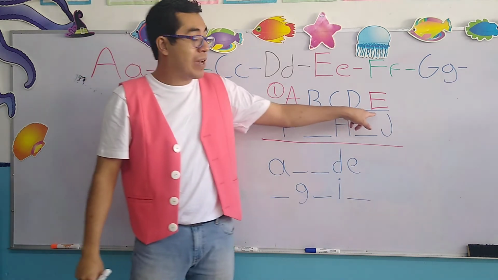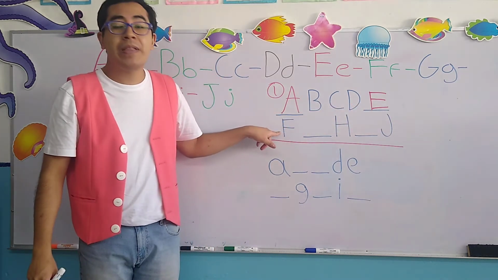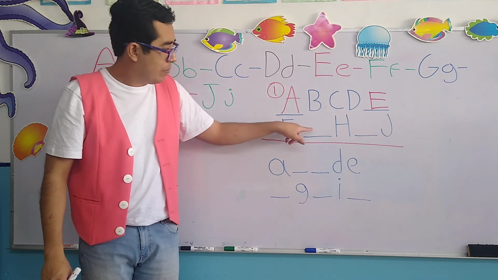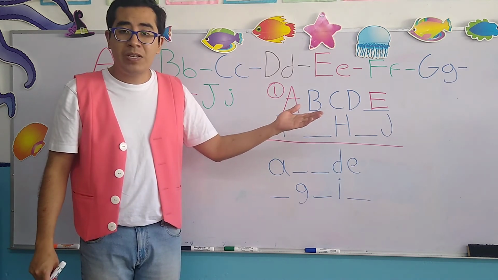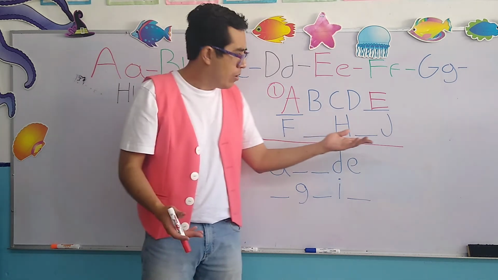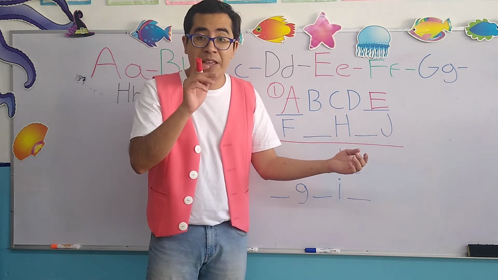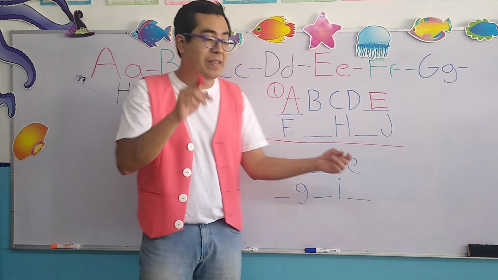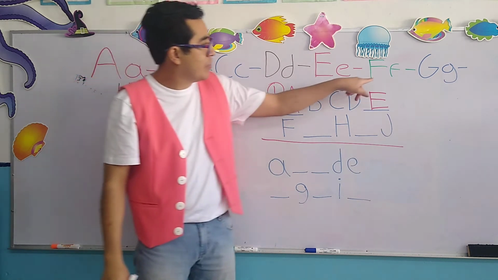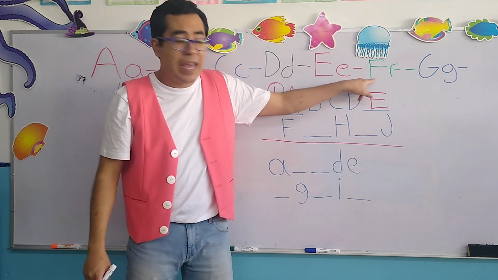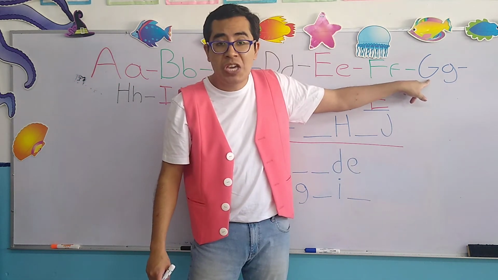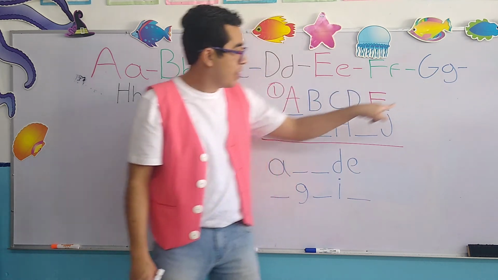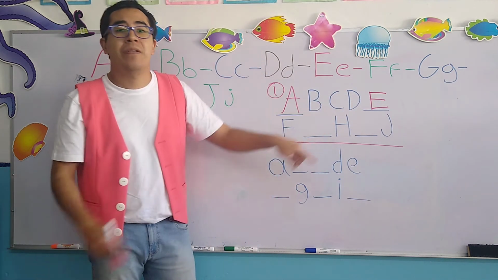Now, after capital E, we have capital F. And we have a blank space again. So, remember, we have to look for the letter so we can write it. Capital F, it's right here. The next letter is capital G. So, capital G goes right here.